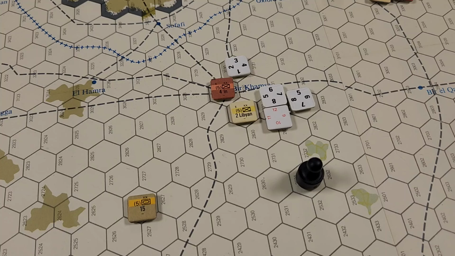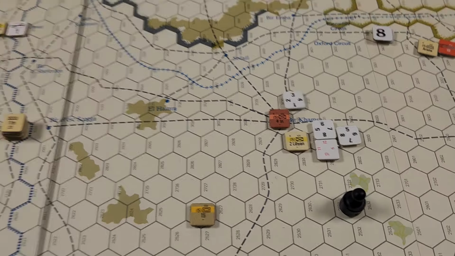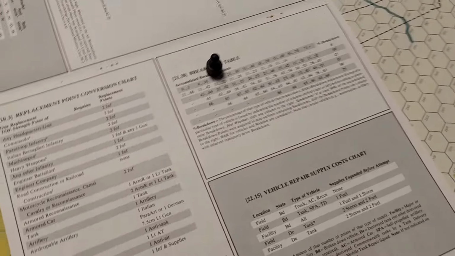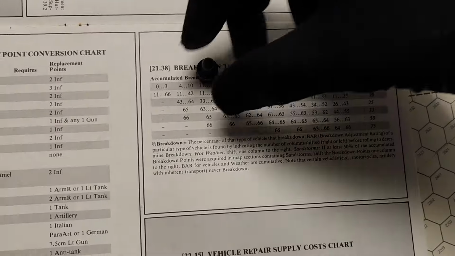What we have is our supply trucks. However, it's very hard for them to break down, and I'll show you why. So basically, here's the breakdown table.